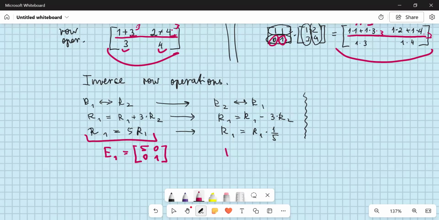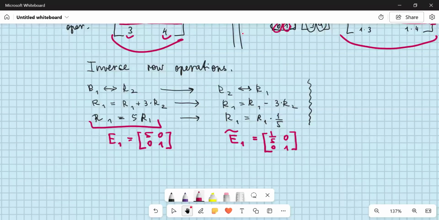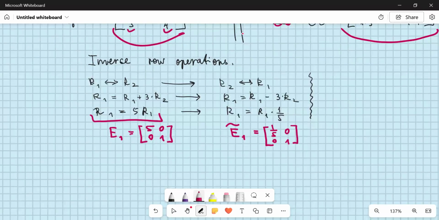Then the inverse elementary operation, again, I'm labeling as 1, doesn't matter actually, just to separate it from other elementary matrices. The inverse elementary operation is going to look like what? Well, since it's multiplication of the first row by 1 over 5, it's going to be 1 over 5, 0, 0, 1.